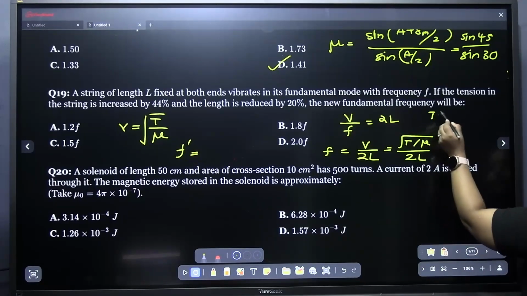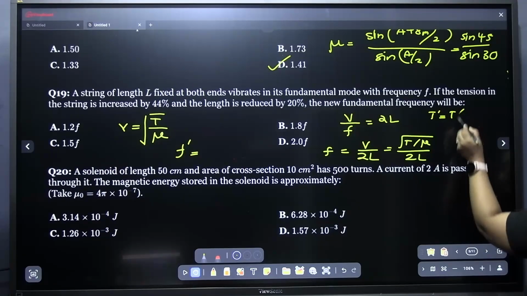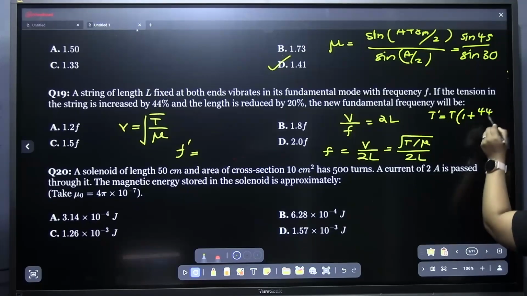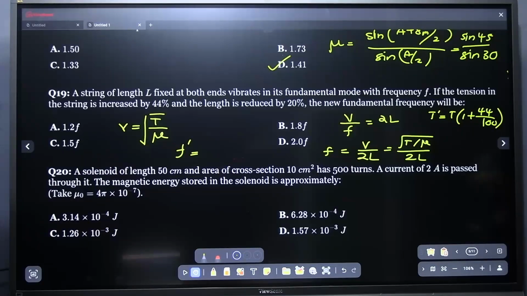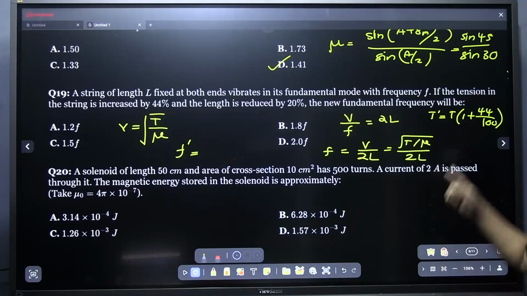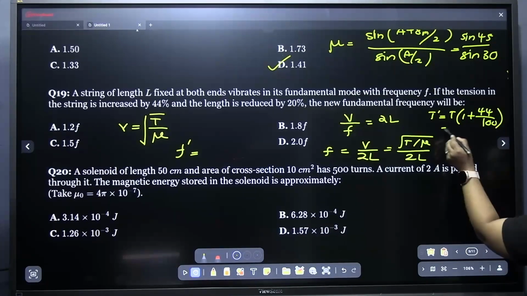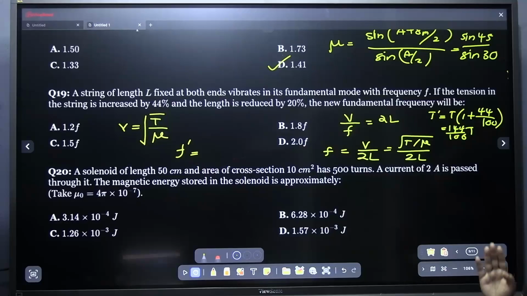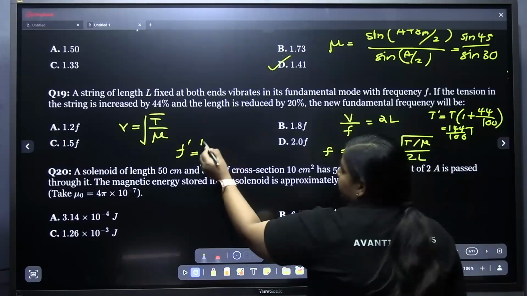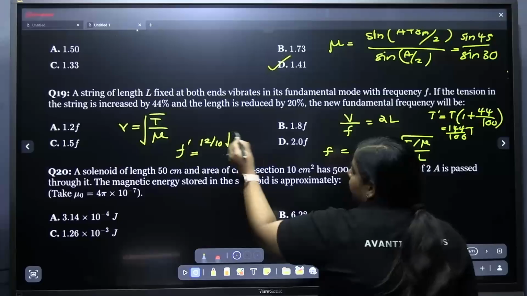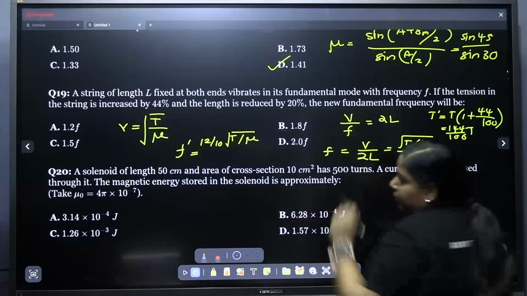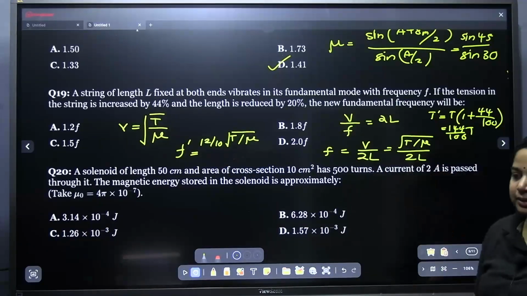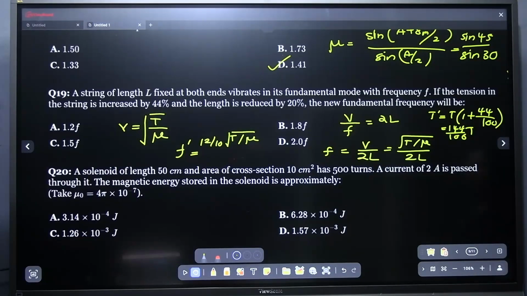So the new tension will be T into 1 plus 44 by 100, that is T plus 44% of T, which equals 144 by 100 T. Since it is inside the root, when we take it outside you will get 12 by 10 root T by mu. I am skipping steps, so if you don't understand you should ask me.